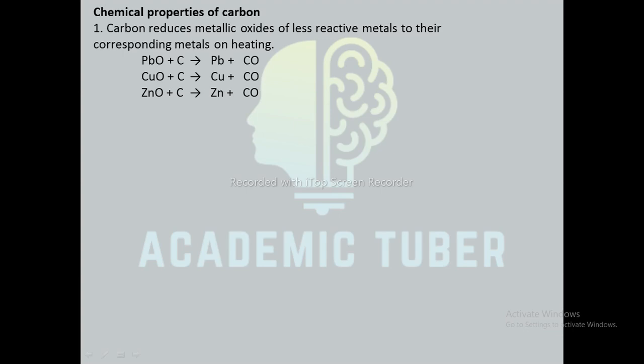Copper oxide when heated with carbon gives copper and carbon monoxide. Zinc oxide when heated with carbon gives zinc and carbon monoxide. Here the less reactive metal oxides are reduced to their corresponding metals.